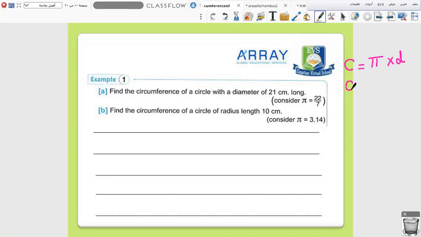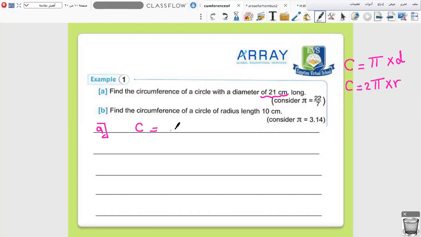The second is circumference equals 2 pi times r, the radius length. So, number A, the given here is the diameter. So I'm going to use the first rule. So circumference equals pi. Look, pi is always given in the exercise, the problem.